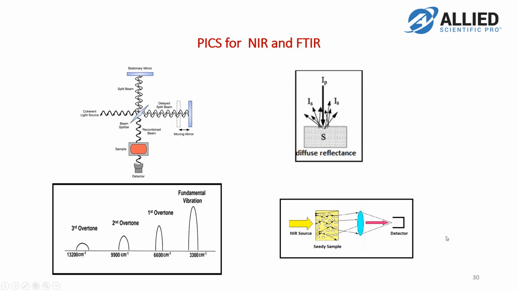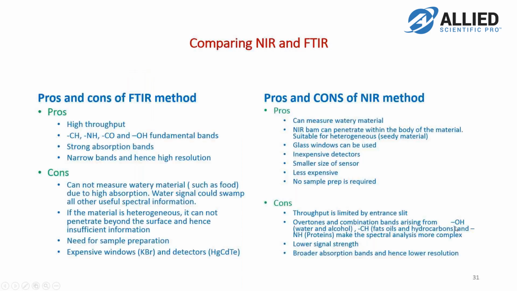There's also the method of transflective reflectance in near IR, for food material where you have seeds: the near IR source goes through the material and is reflected and transmitted, and finally comes out of the sample and is focused into the detector. So the two methods are different.